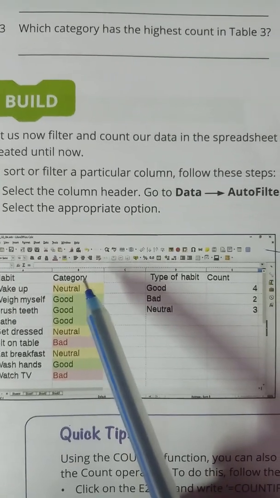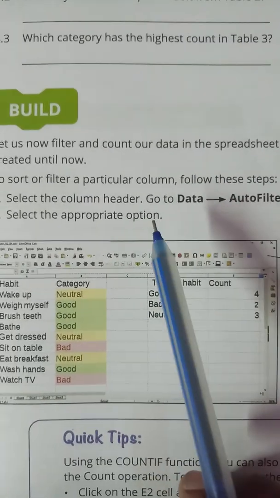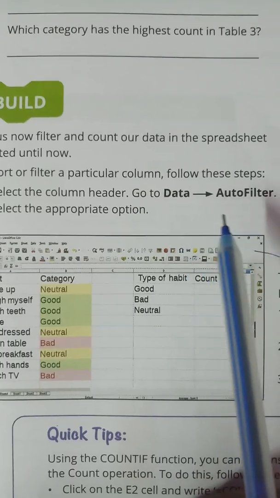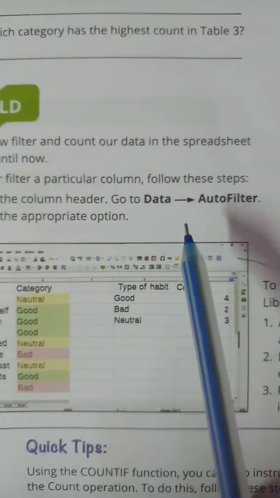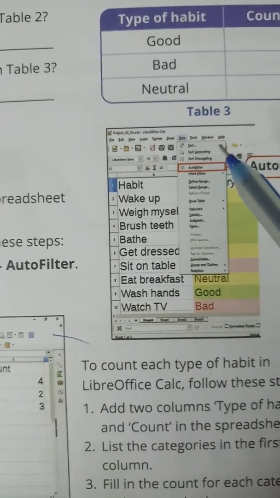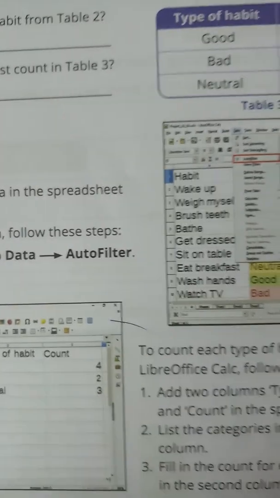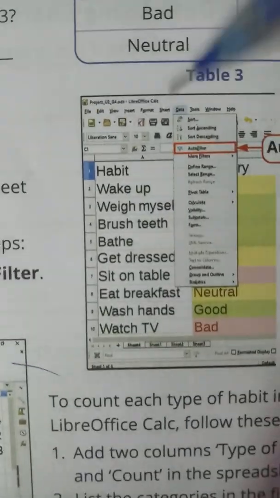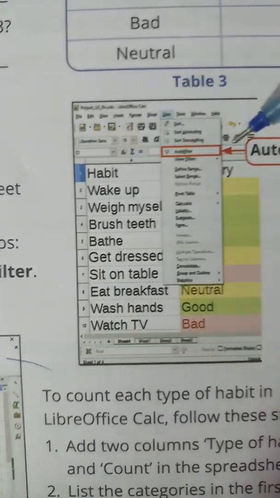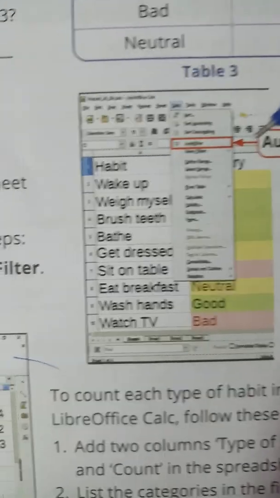First we need to select the category and then go to Data, AutoFilter. Data is in the menu bar, and when you click this Data option, a list will appear where you can choose AutoFilter.